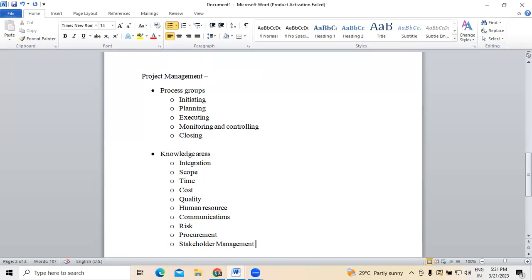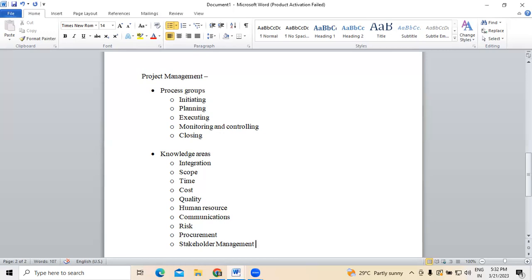The first one is called initiation, where we need to select a project manager for a particular project, because many projects may be there with us. At the same time, we need to determine the company's culture as well as the existing systems.